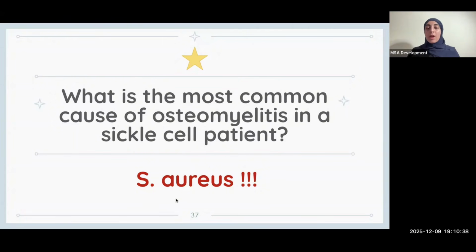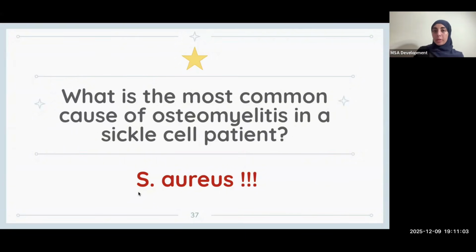So if we get all patients with sickle cell who have osteomyelitis and we try to identify the organism that they have, the majority are going to have Staph aureus, okay? In another completely different study, we get all of the patients who have Salmonella osteomyelitis specifically, not just osteomyelitis.